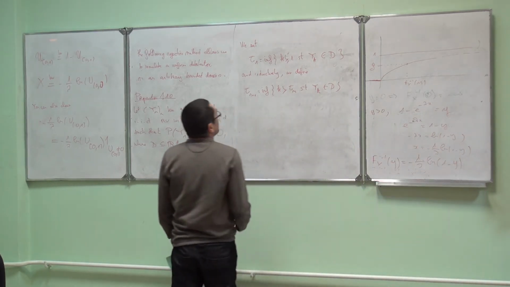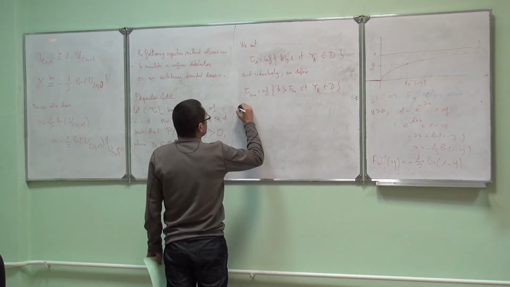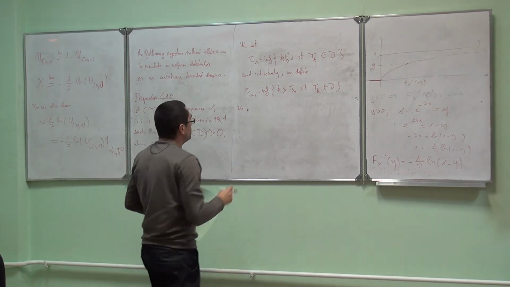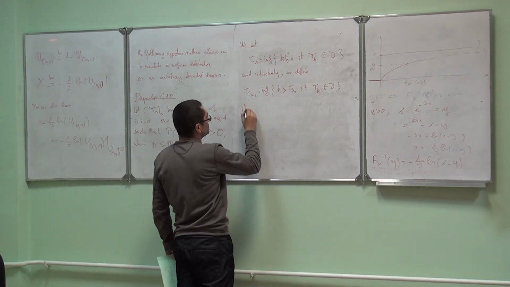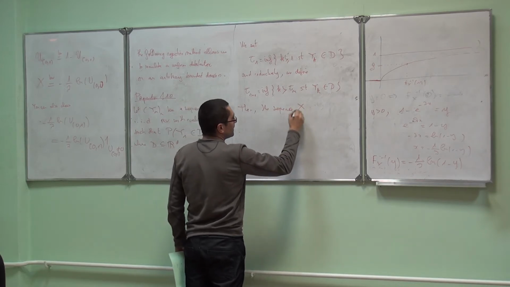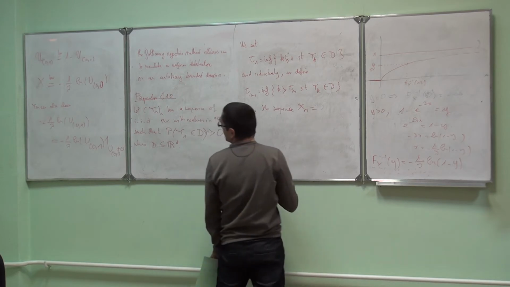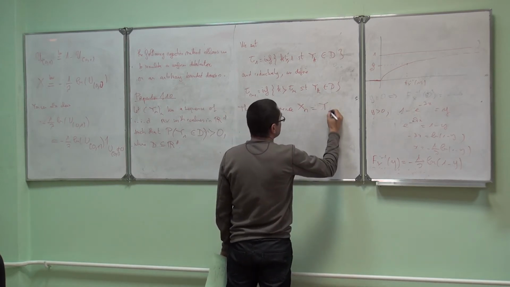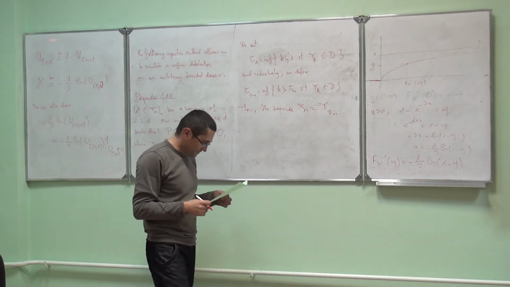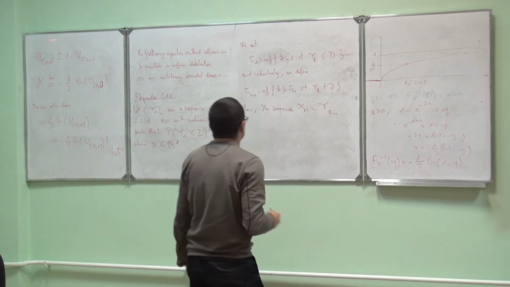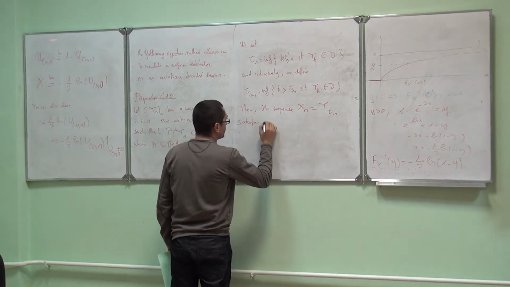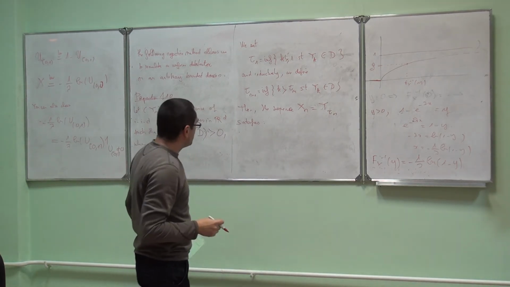So now we then define the sequence. The sequence x n defined as y of tau n satisfies the following properties.